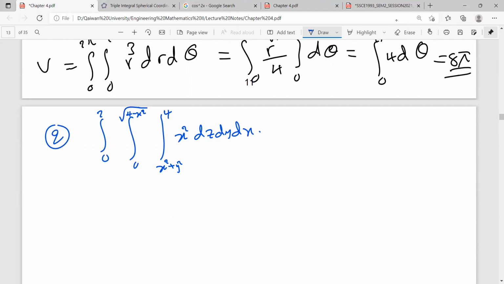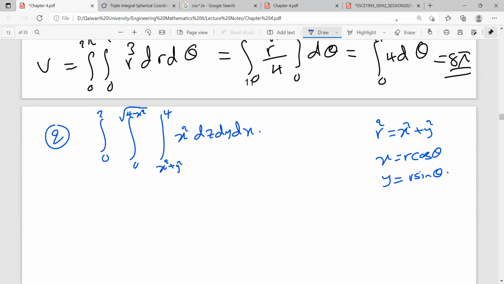Here we said in cylindrical coordinates r squared equals x squared plus y squared. X is r cosine theta, and y equals r sine theta.